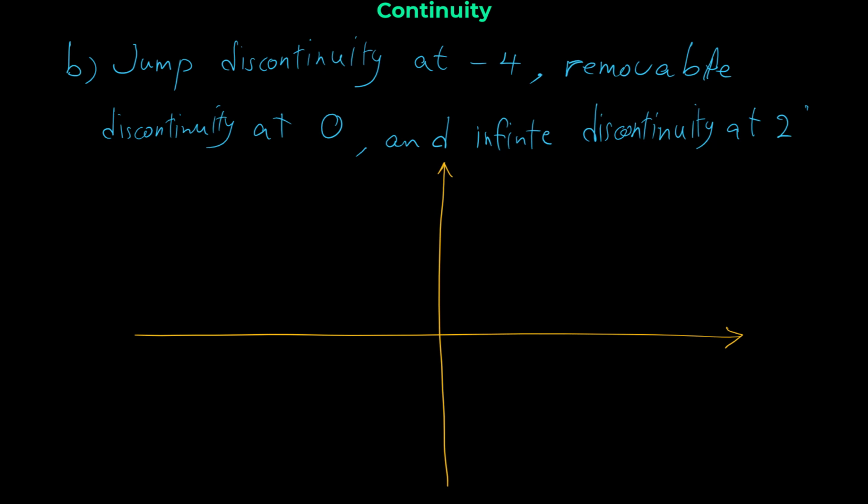Jump discontinuity at -4, removable at 0, and infinite discontinuity at 2. So in this question, the important points for us are -4, 0, and 2. At -4, we have a jump discontinuity. What does it mean that we have a jump discontinuity?